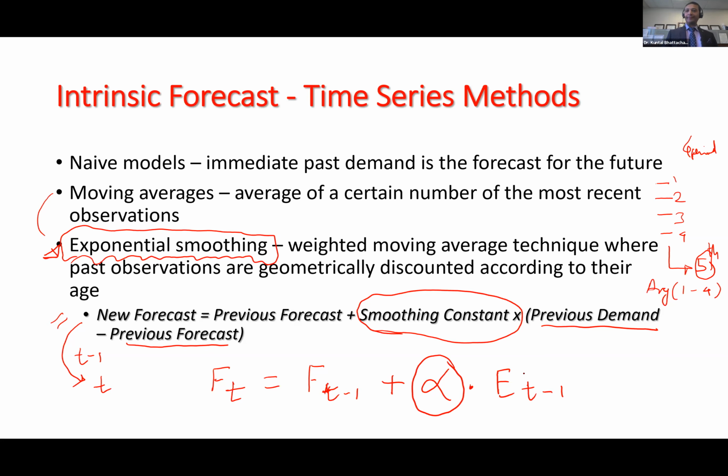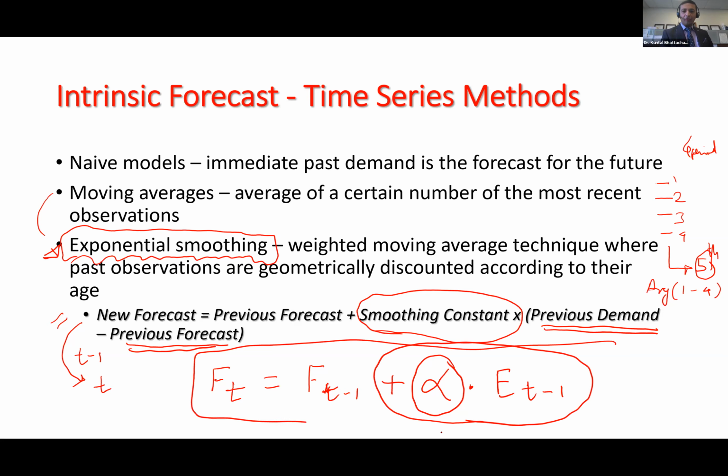So in essence, if you have forecasted too high, guess what happens? That difference becomes negative, right? And so if you have forecasted too high in the previous period, this entire factor in the equation would lower the overall value, because that value would be negative.